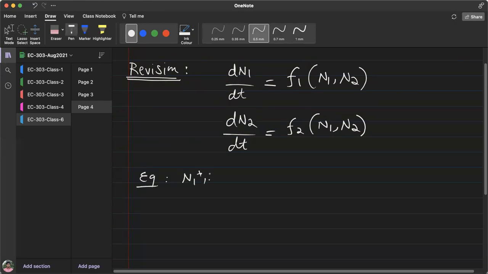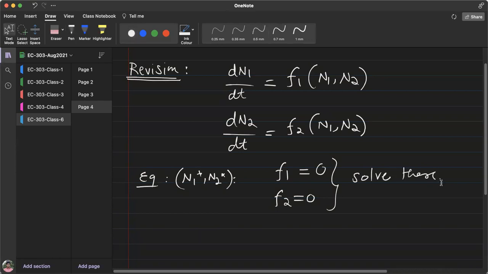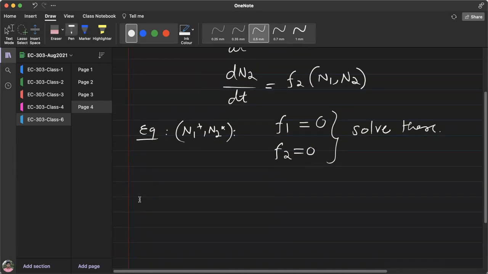Equilibrium N1, N2 would be given by setting f1 equal to 0, f2 equal to 0, and solving simultaneously. Those will give us equilibrium. What about stability?